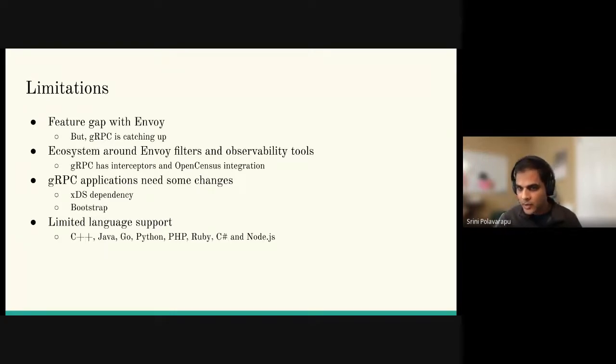I think that's what the question is, right? So normally you can write your own bootstrap generator if you know what is required for a given platform. And right now it's quite straightforward. You just need to provide the address of the XDS server, the credentials, and some other small information. All right, let's continue.